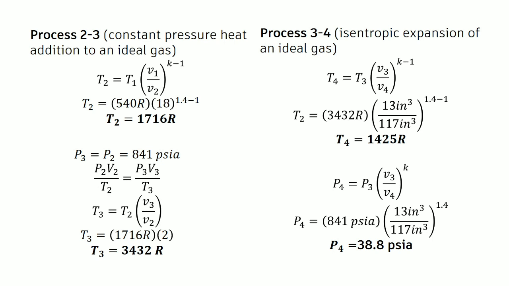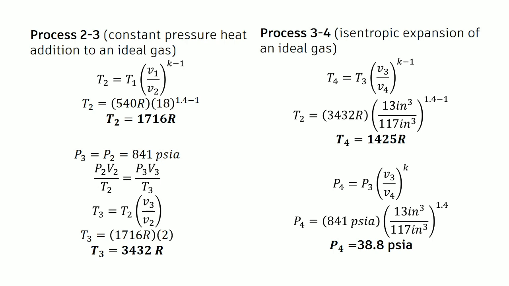We have solved the temperature at state 2 a while ago, and using the combined ideal gas law, assuming that the pressure at states 2 and 3 is equivalent to 841 psi, we have a temperature of 3432 Rankine at state 3.